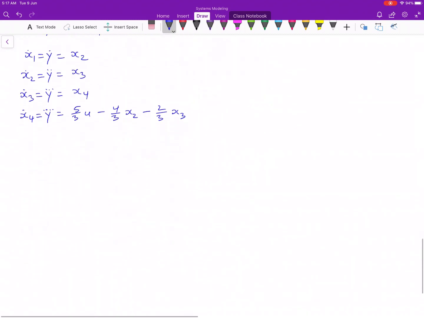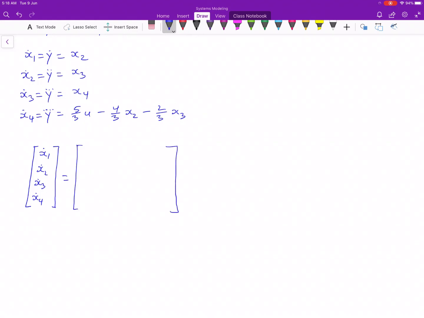So we are going to have x1 dot, x2 dot, x3 dot, x4 dot is equal to our big A matrix times our state variable, which is x1, x2, x3, x4, plus our input matrix times u of t.